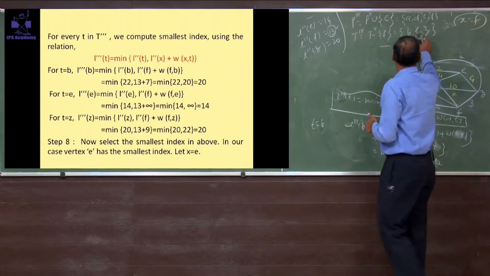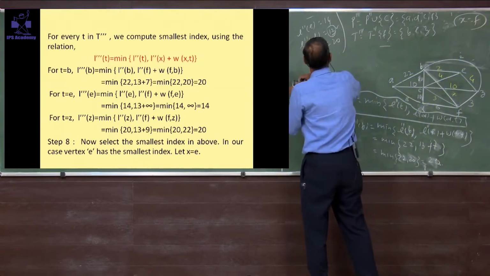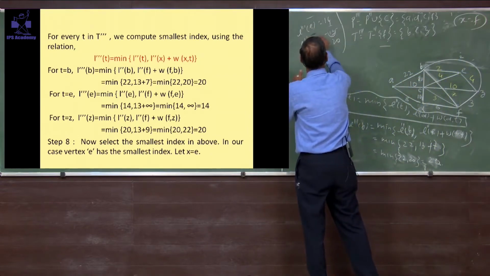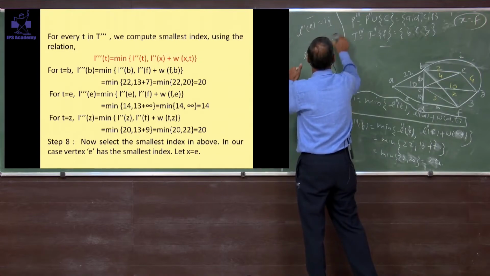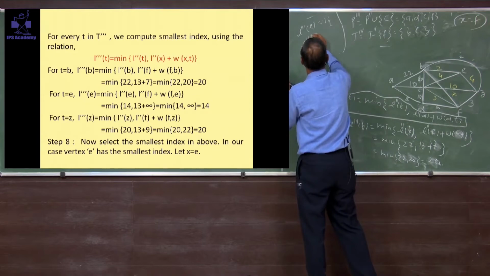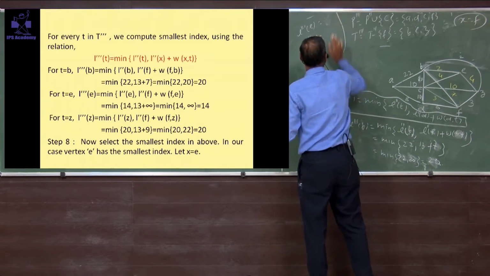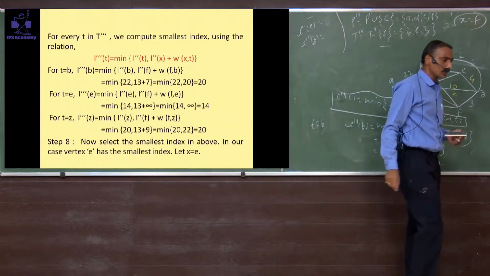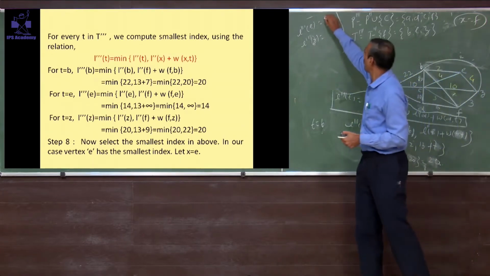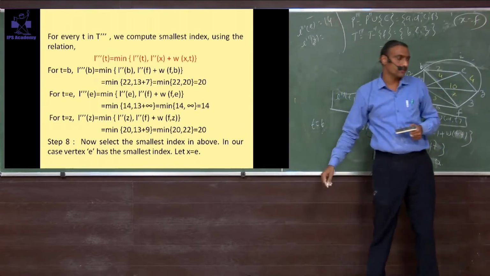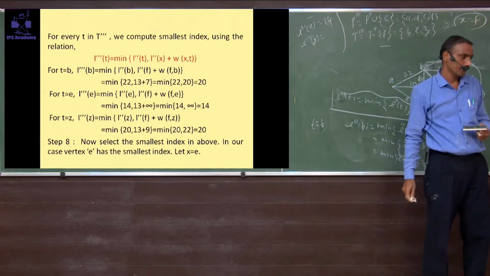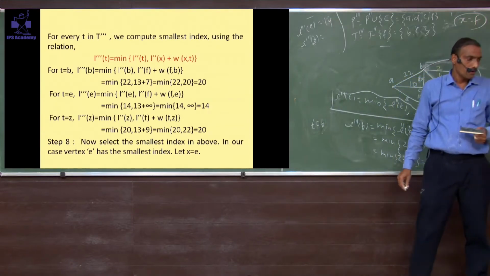Similarly, we have to find L triple dash E. We remove F because it is not considered here, and L triple dash Z. Processing in this way, this is 14, and L triple dash Z is 20.